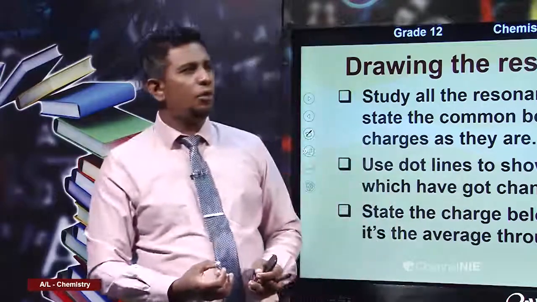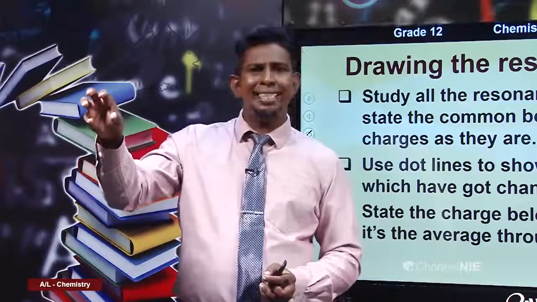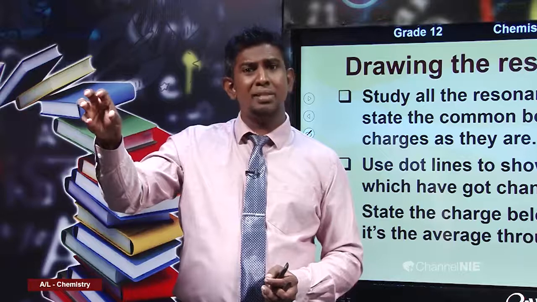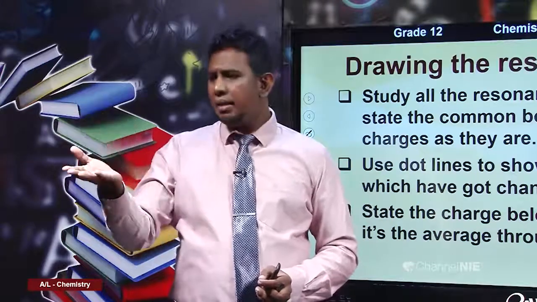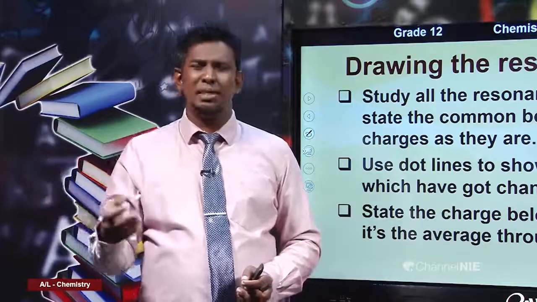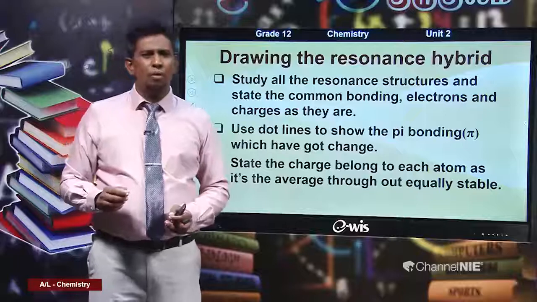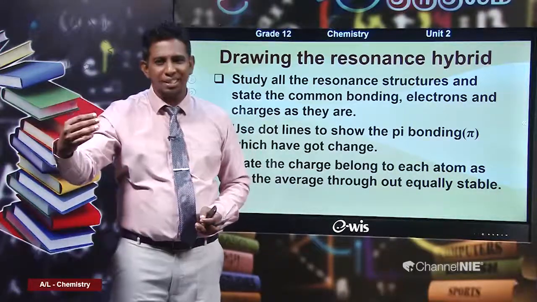If you notice one atom, once it has got a -1 charge, now in this structure it's 0, and in the next structure it's +1, and in the next structure it's +2 or something like that. So what you need to do is add all those charges including 0.